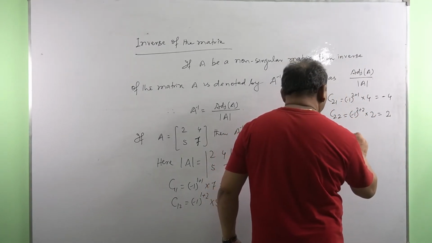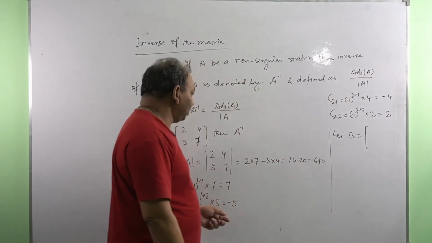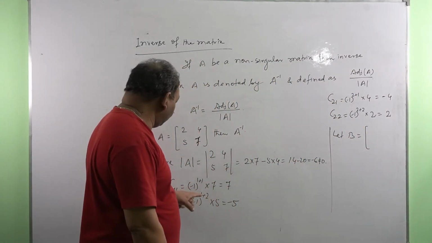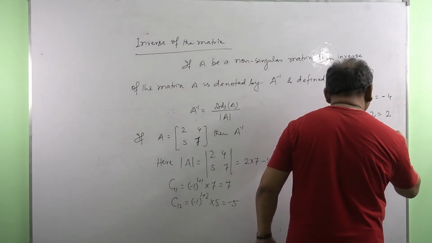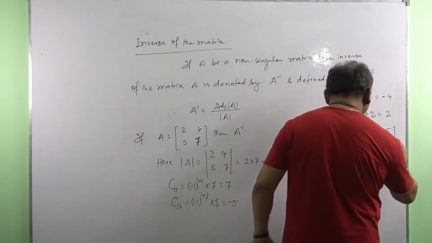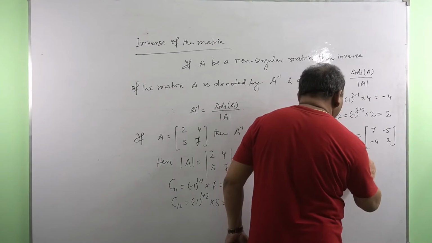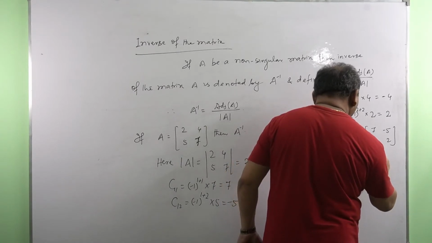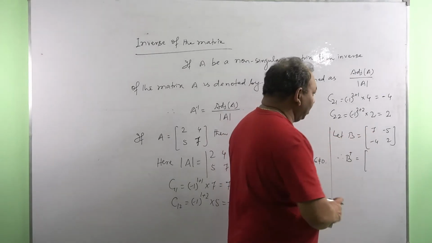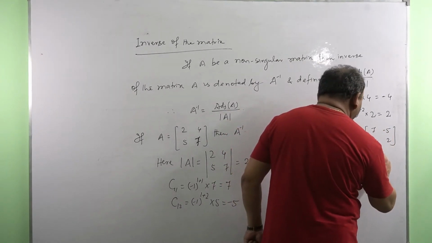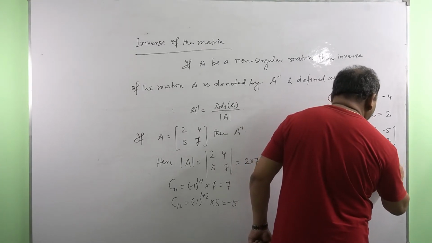Let us suppose another matrix B is formed from the cofactor elements of the given matrix A. So B is equal to [7, minus 5; minus 4, 2]. Therefore, the transpose of B, meaning interchanging rows into the corresponding columns, so the first row becomes the first column, 7, minus 4, and the second row becomes the second column, minus 5, 2.